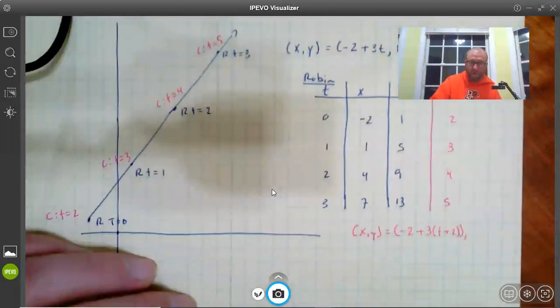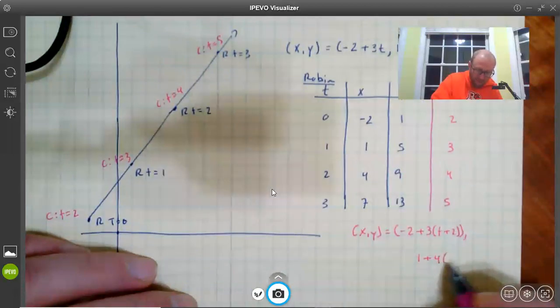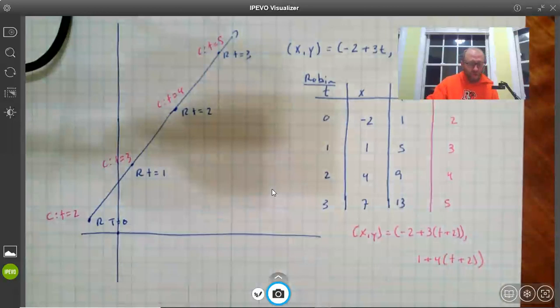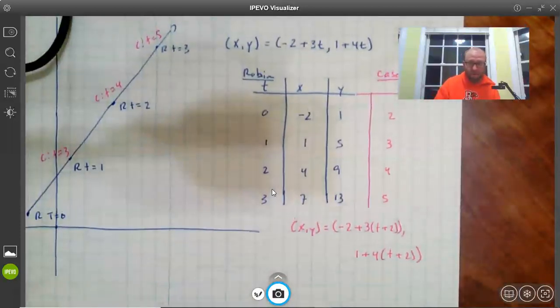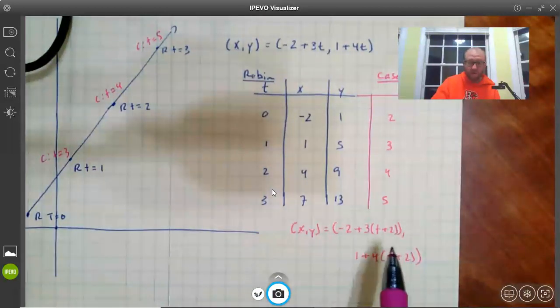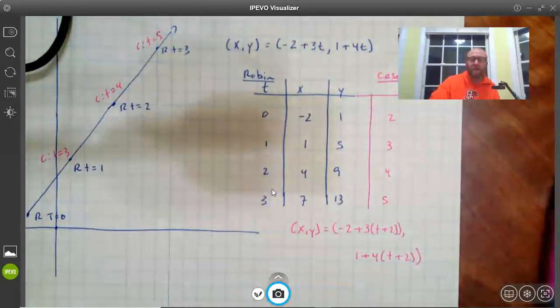And then for our y, it's going to be 1 plus 4, and we're just going to add 2. And we can simplify these equations if we wanted to, but we get the gist here. It's the same equation for Casey as it is for Robin, with the exception that we replace t with t plus 2, which accounts for the fact that Casey is 2 hours behind Robin.